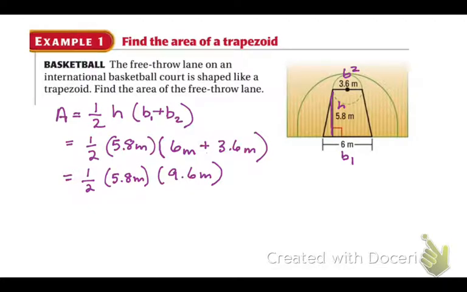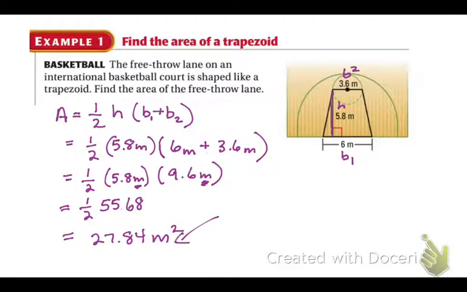Okay, 5.8 times 9.6 equals 55.68, divided by 2 equals 27.84 meters squared. So you have these 2 meters here, and you're multiplying them together, and so that ends up with meters squared. And meters squared tells everybody that you're giving them area.